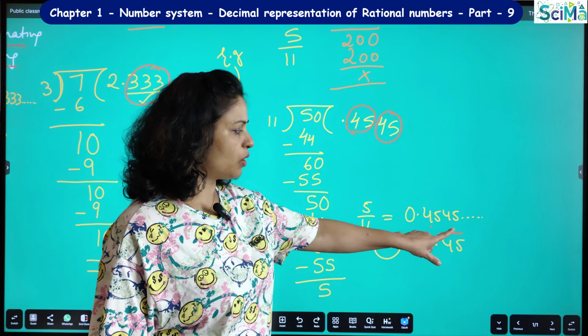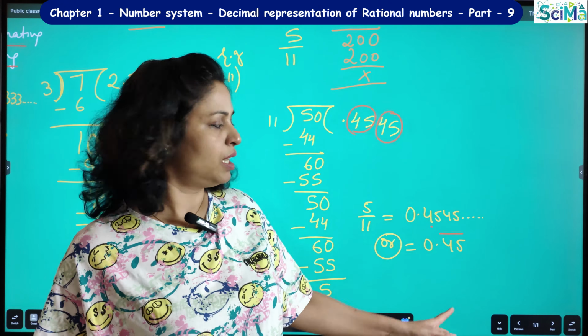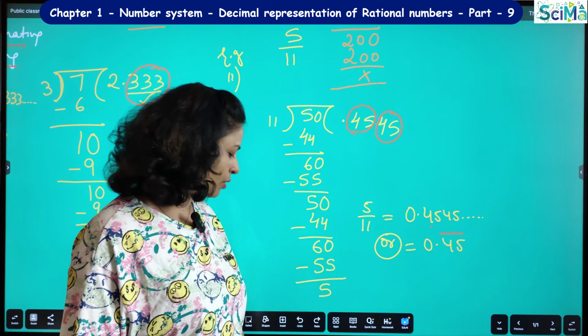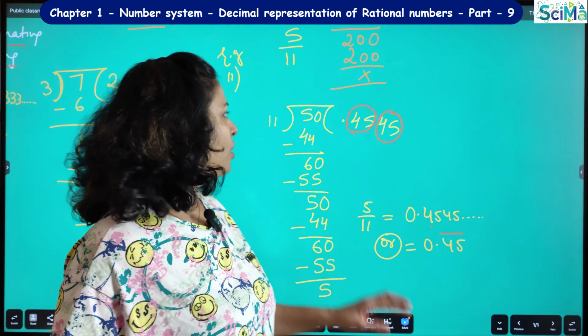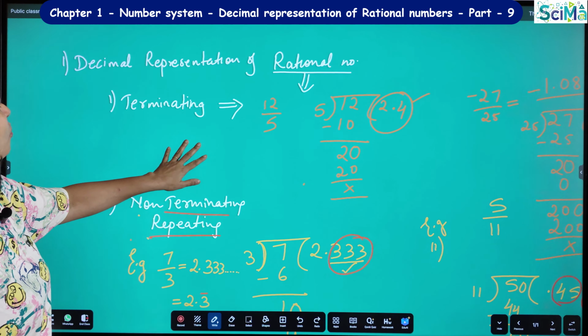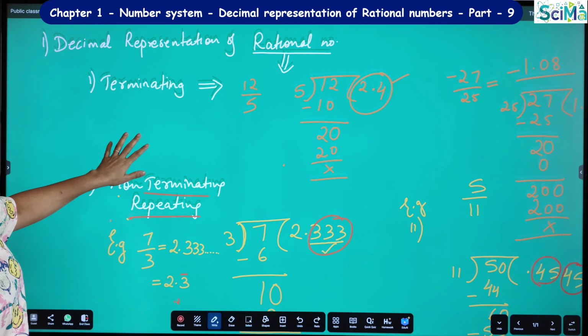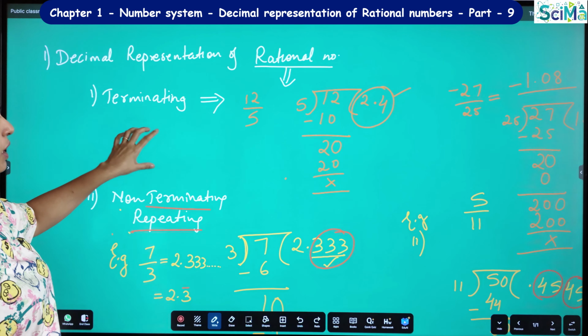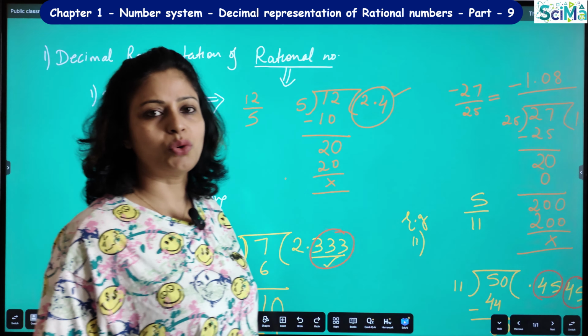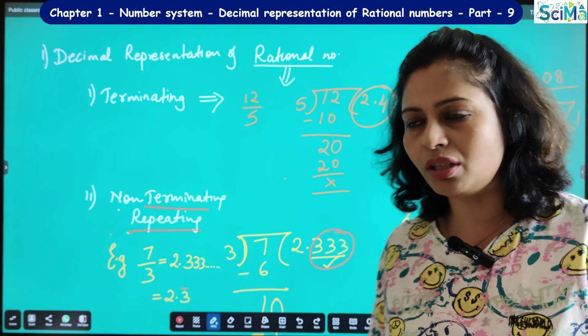So you have to put a bar on 45, so it will be understood that 45 is repeating. It is in the repeating block of the quotient. So these are the two cases you have to study. You should know how to convert a rational number into decimal form in these two scenarios. Hope you understood this.